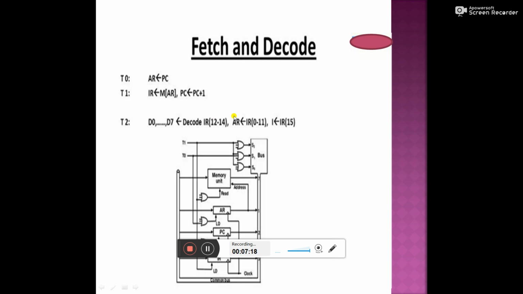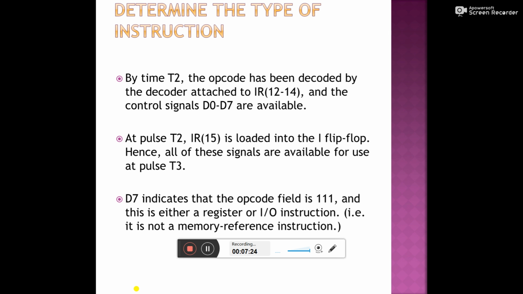T2 is used to determine the type of instruction. Next we see about that. The last one is determine the type of instruction. By time T2, the opcode has been decoded by the decoder attached to IR bits 12 to 14 and the control signals D0 to D7 are available.